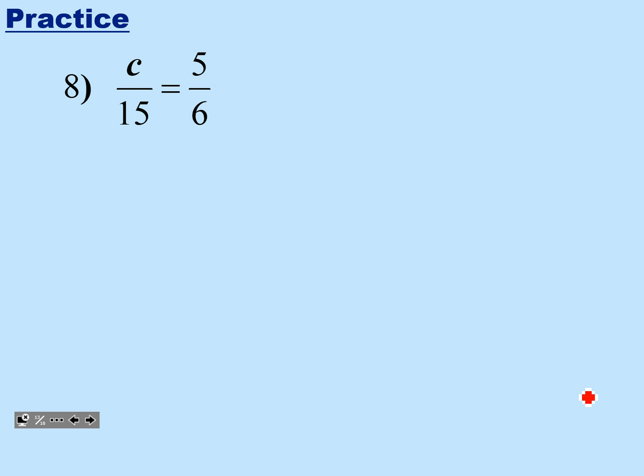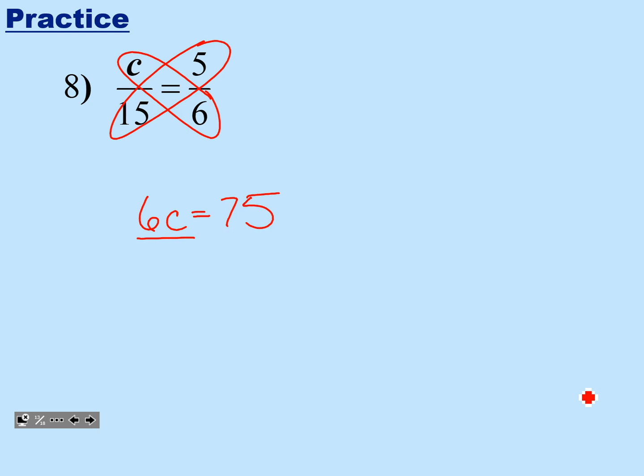So I'm going to cross multiply. 6 times c is 6c. 15 times 5 is 75. I'm going to solve for C now. I'm going to divide both sides by 6. And therefore, C will eventually equal 12.5.